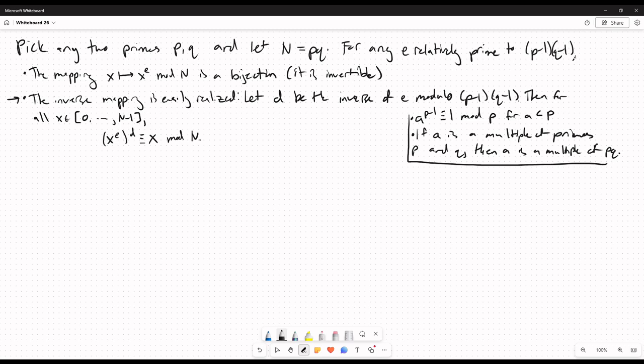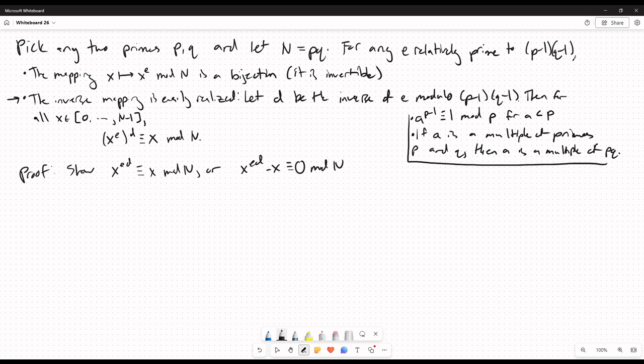So, in order to prove this, we actually only need to prove the second part. What we're essentially trying to prove, we want to show that x to the power of ed, which is just another way of simplifying this using the exponent properties, is equivalent to x mod n, or that x to the power of ed minus x is equivalent to 0 mod n.